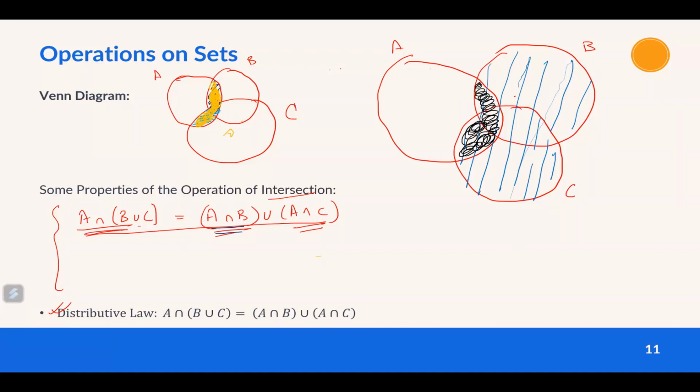So you see the region which we get here and here in both this Venn diagram is the same. So this expression is the same as this expression, or the set obtained from this expression is the same as the set obtained from this expression. So this is a law which is known as the distributive law, and we have seen it clearly using a Venn diagram. Okay, I hope you don't have any questions here.